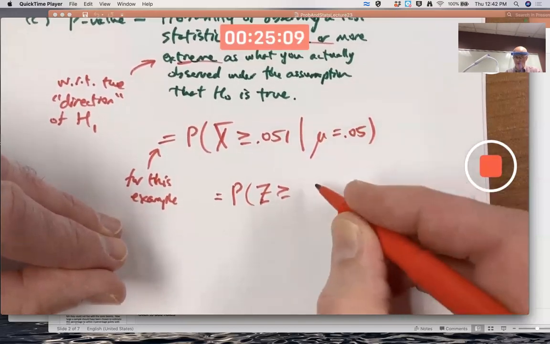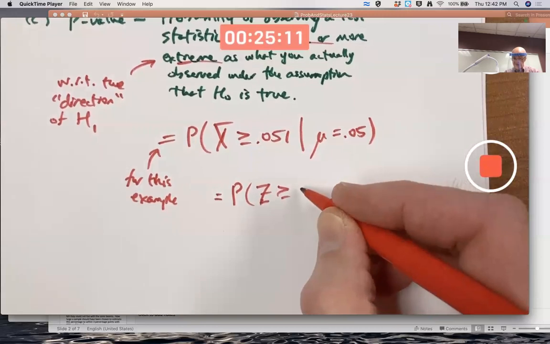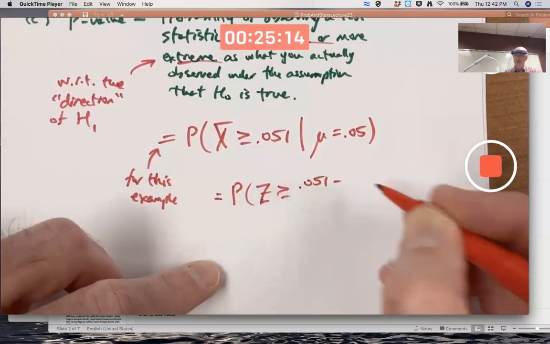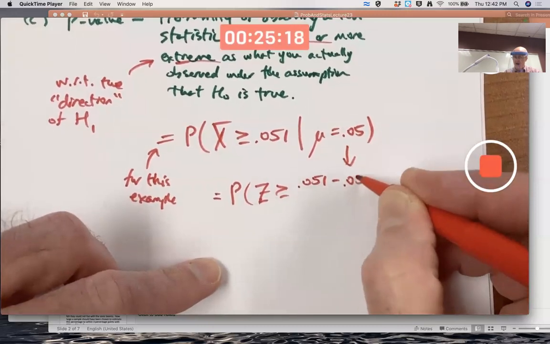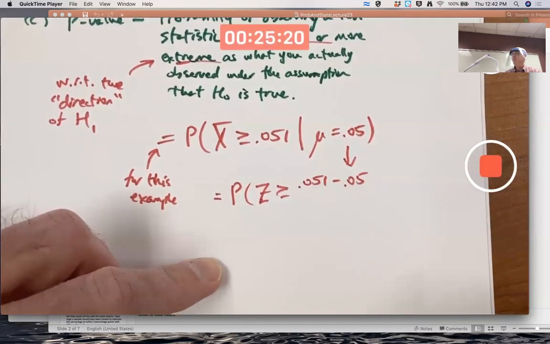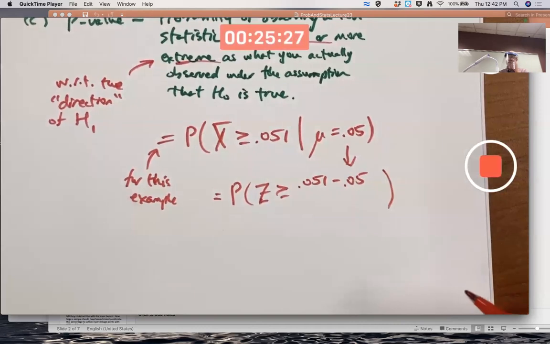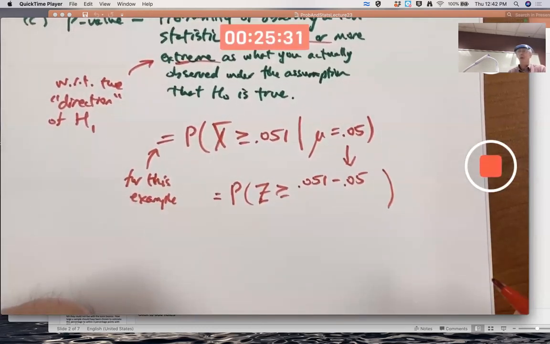I won't write it here initially, but you have to standardize, you have to subtract the mean. Here's where we're using the assumption that mu is 0.05. Subtract the assumed value of mu. I won't bother writing this as a conditional probability anymore. Technically, it still is, but I won't bother writing the vertical line anymore.